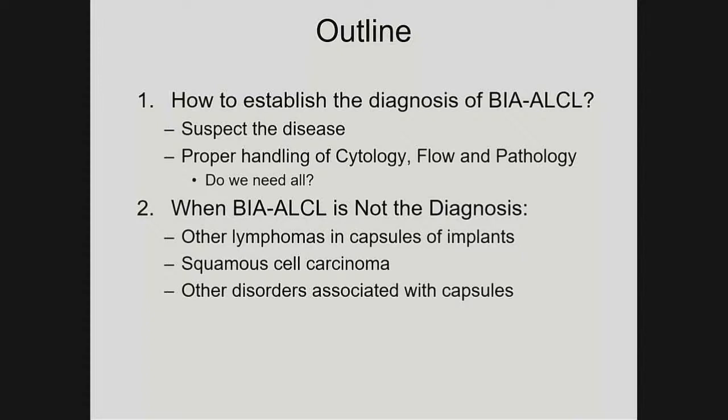Then I'm going to talk about when breast implant ALCL is not the diagnosis. That is because there are other lymphomas which arise also in the capsules, as well as other neoplasias such as squamous cell carcinoma and other disorders which are also associated with breast capsule.